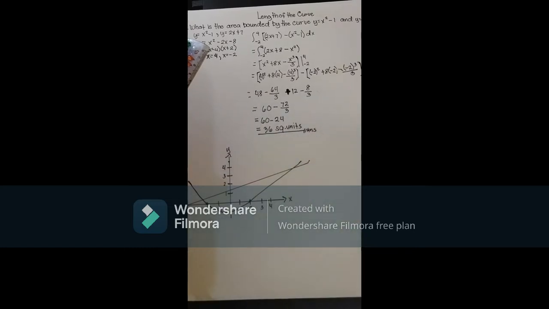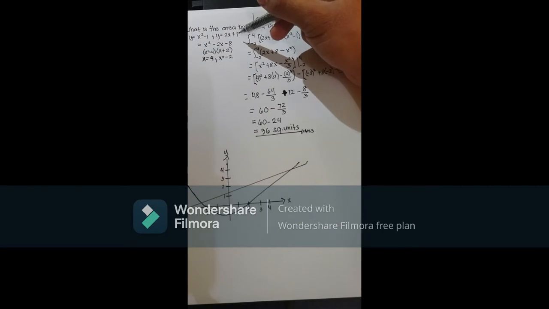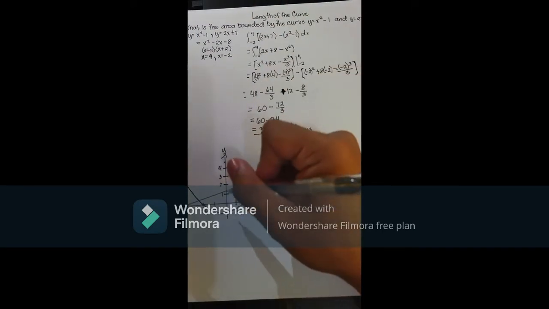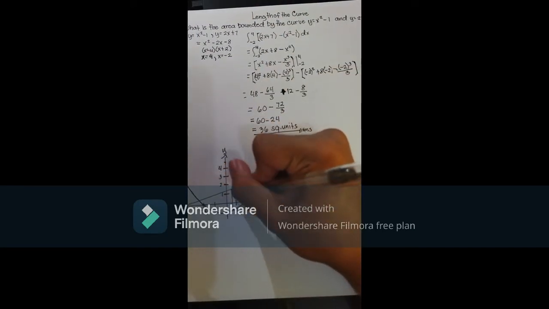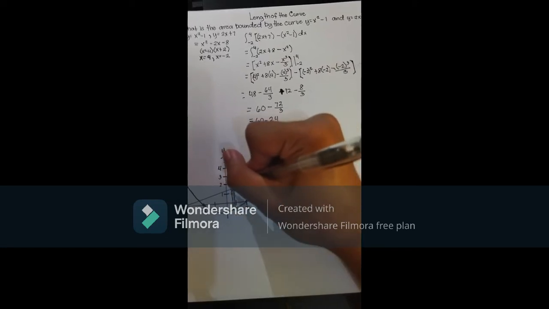This is the graph of the given functions y equals x squared minus 1 and y equals 2x plus 7. We're just going to put a vertical strip here and label it.